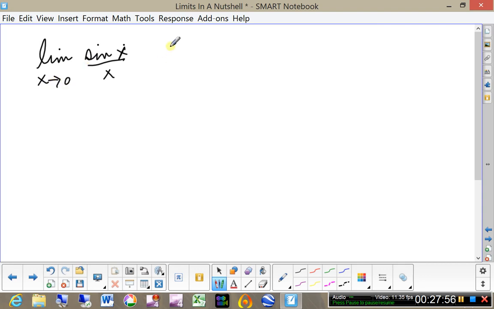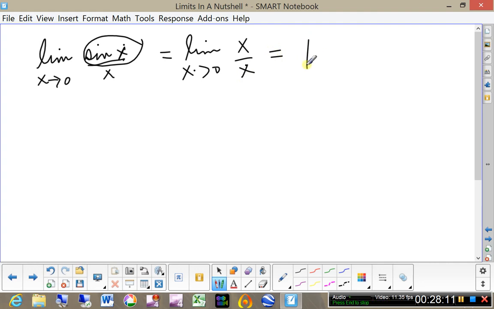Now we said that sine of x looks like x as x approaches 0, so we can write x divided by x, and x divided by x is 1, so the limit of sine of x over x as x approaches 0 equals 1.